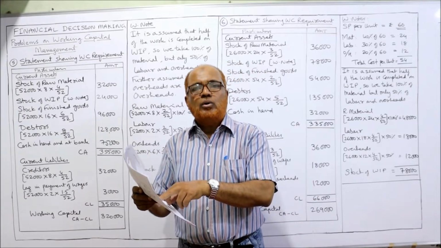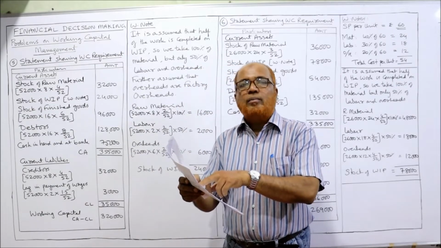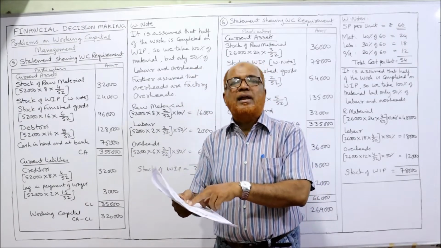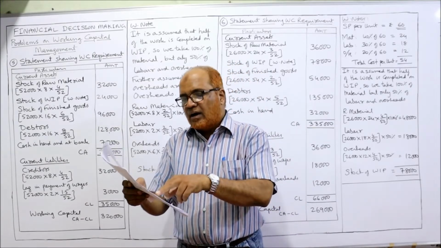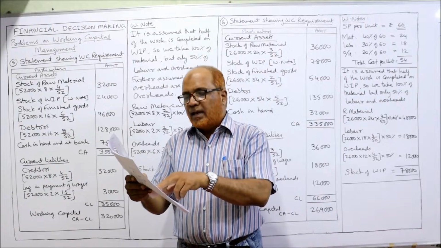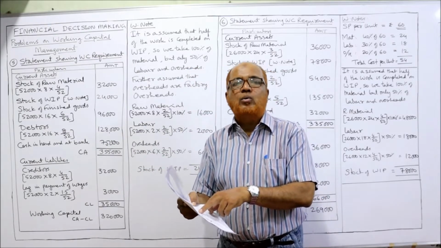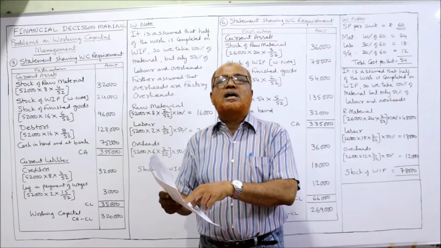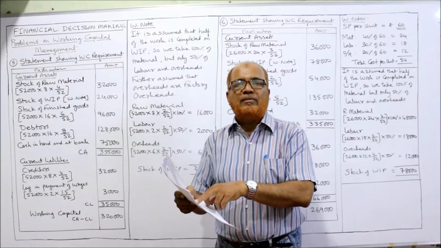So credit allowed to debtors, 8 weeks, 8 by 52. Credit allowed by suppliers. Suppliers are the creditors. So creditors are 4 weeks, 4 by 52. Lag in payment of wages, delay in payment of wages, outstanding wages. It's a current liability. So 1.5 weeks, so 1.5 by 52.